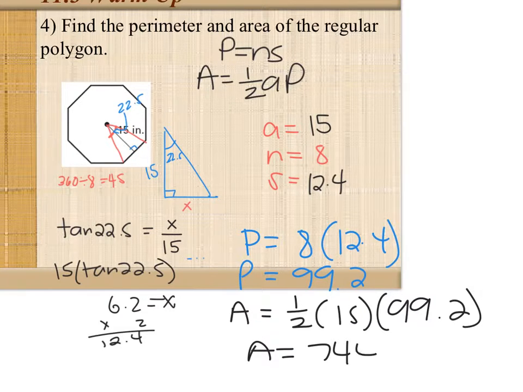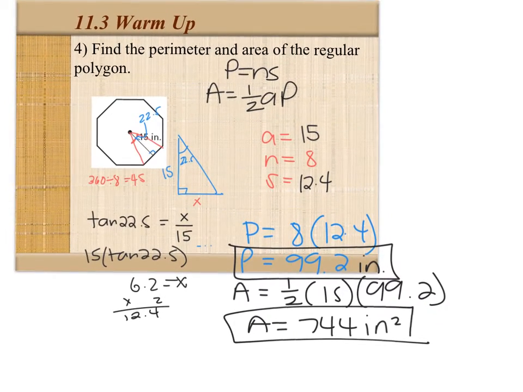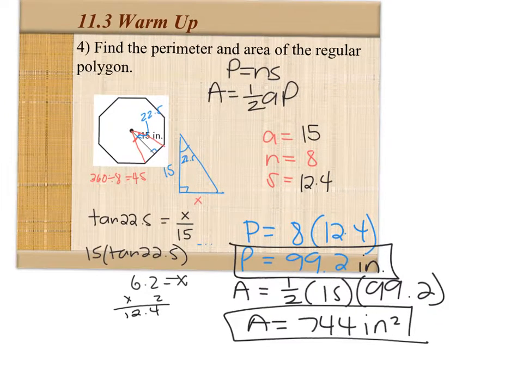Which is 744 inches squared. So perimeter is just in inches because it's length. Area would be inches squared because it's area. Questions on that one?